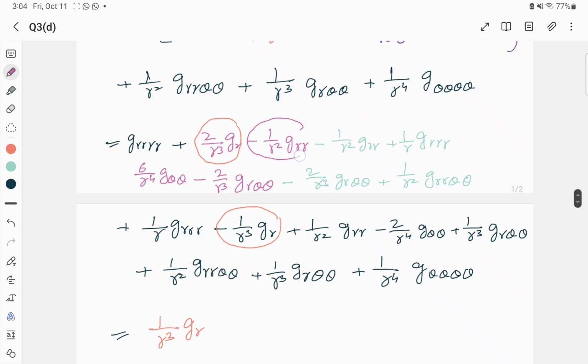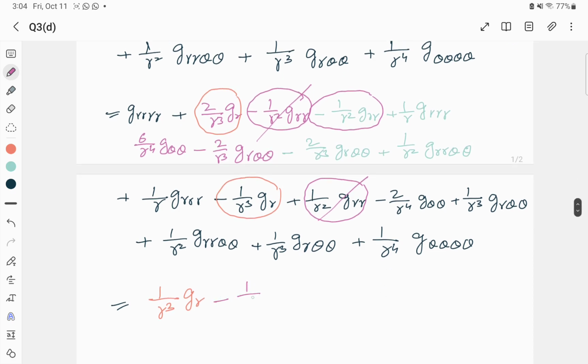Here is a term of g r r, and let's look if there is another term of g r r over here, but they are the same with opposite signs, so they cancel. And there is one more term with g r r, that is negative 1 over r squared g r r.